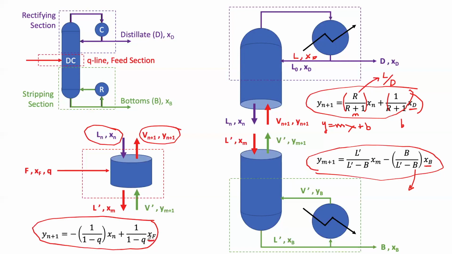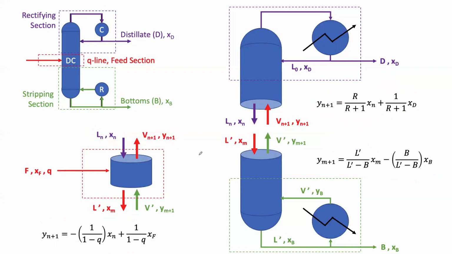And this right here is given essentially. So there you have it, your McCabe-Thiele diagram broken down into the different components.